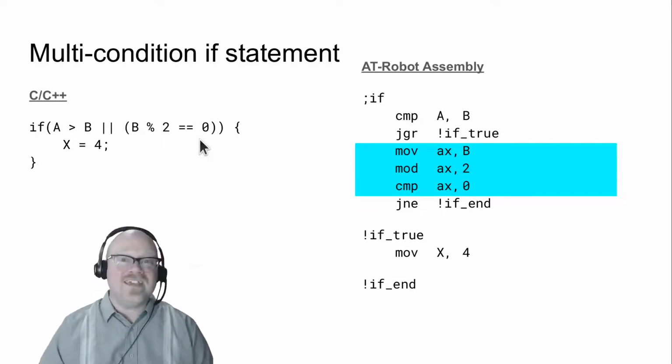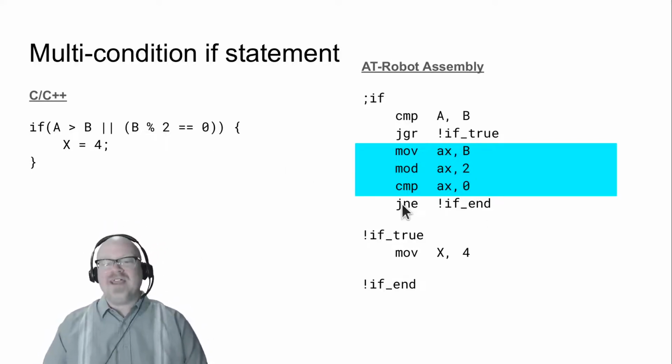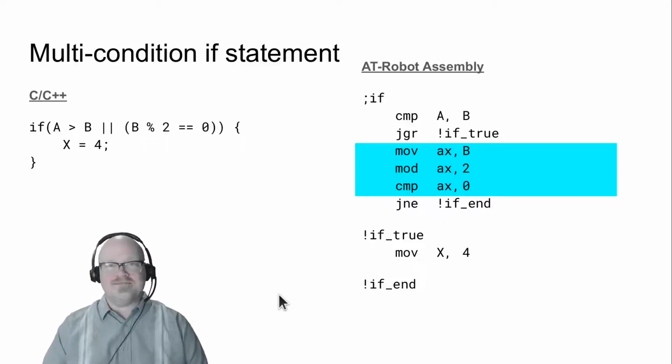You just have to think it all through to make sure that it's going to work. So this way, if the first condition holds and the remainder is in fact 0, this jump won't take me anywhere, because AX will equal 0, and I'll fall through to the true, just like we want, and move 4 into X. Otherwise, it skips down to the end, and everything's great.